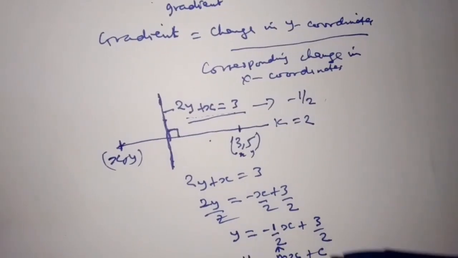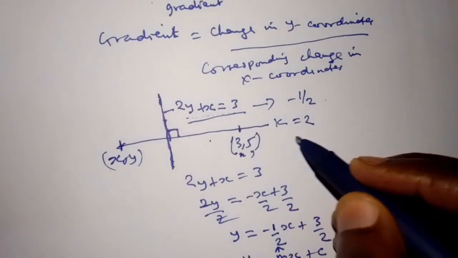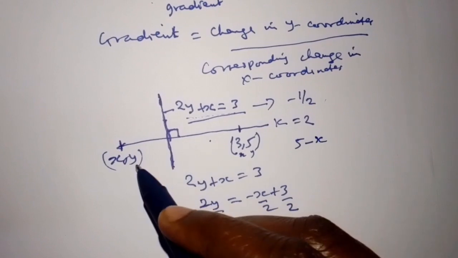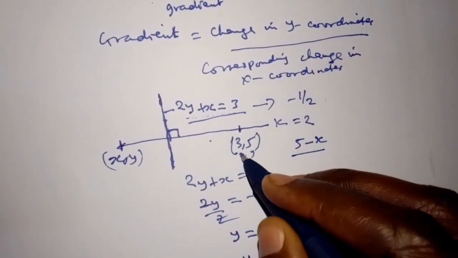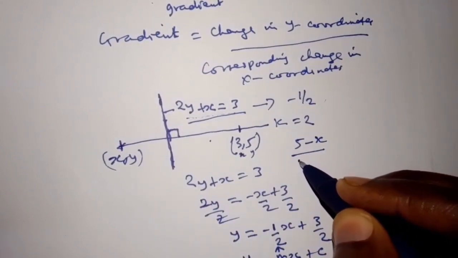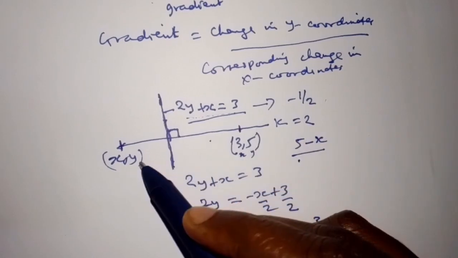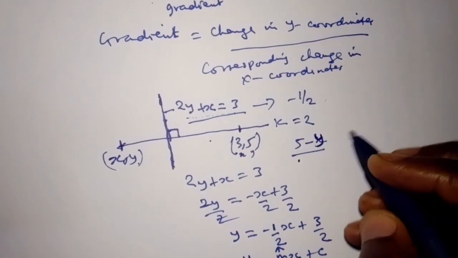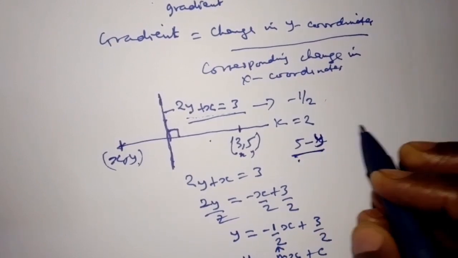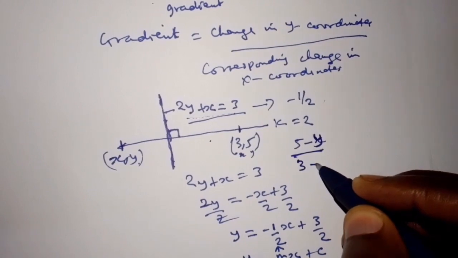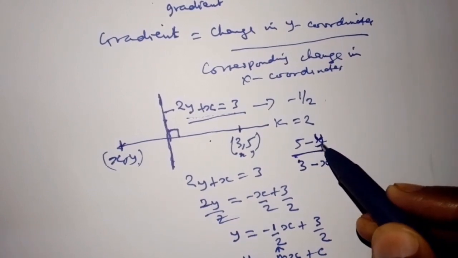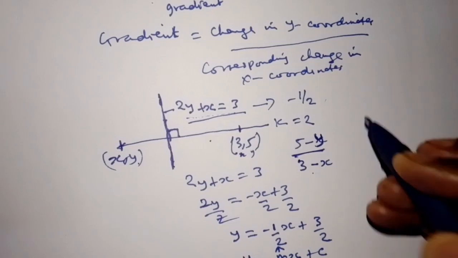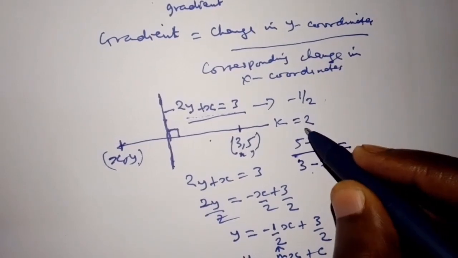So now we can say that this is 5 minus y. 5 minus y is equal to 3 minus x. So this is the change in y coordinate, this is the change in x coordinate, which is supposed to give us a gradient of 2.